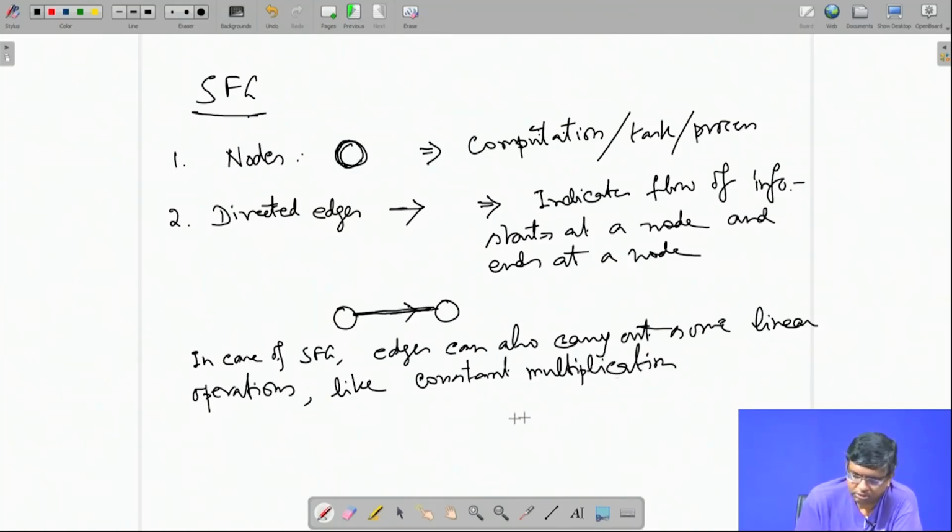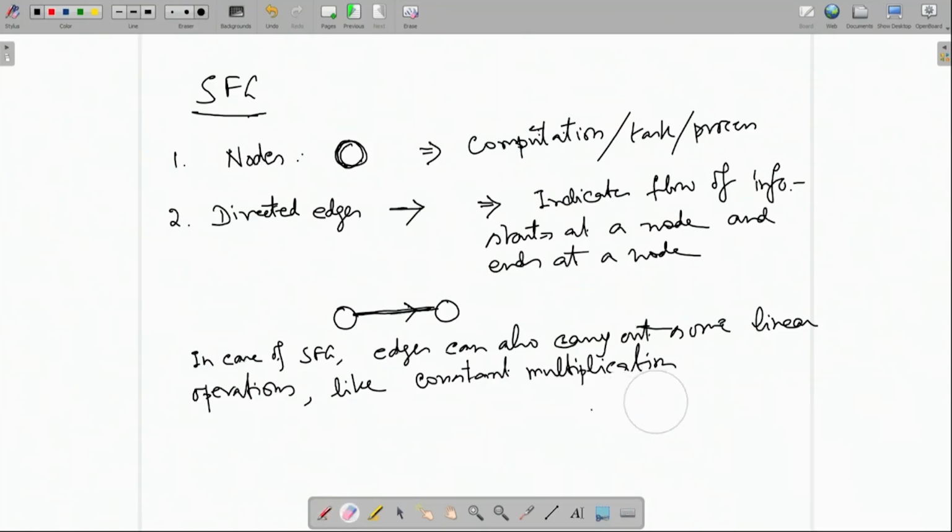That is, we may have an edge, and if by the side of it I write k, it will mean whatever information comes out of this node will be multiplied by k, and then reach here.